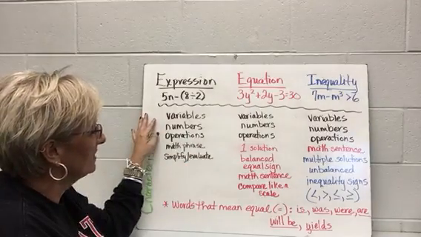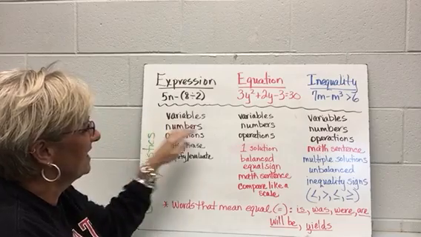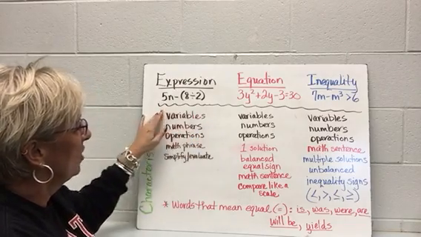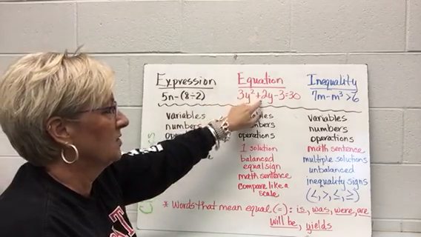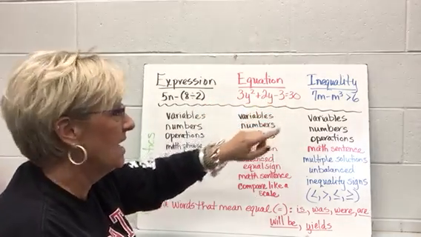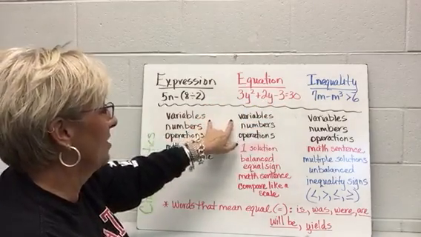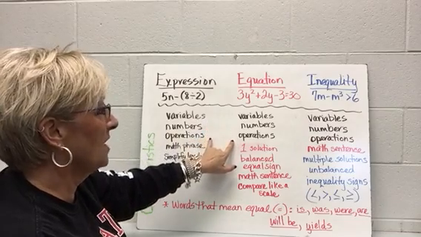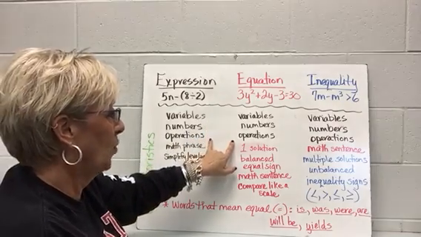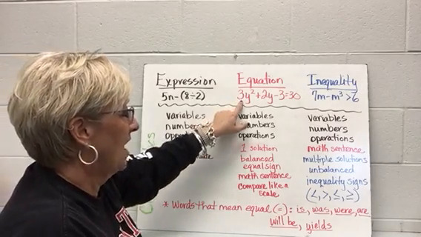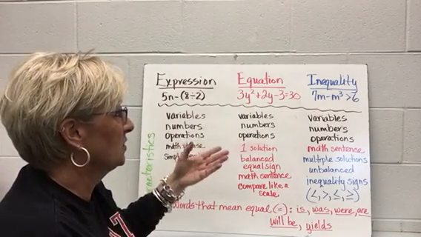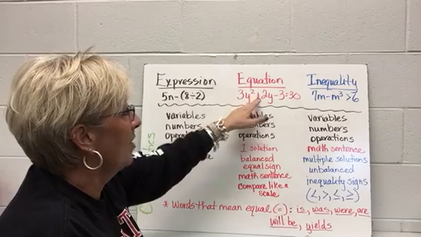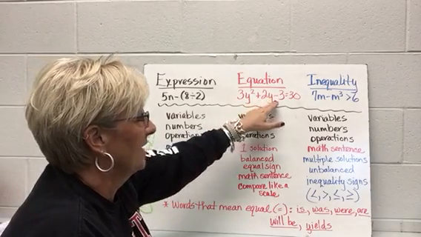Now, what I have done on this board is I have written everything that they have in common with the brown. For example, with the equation 3y squared plus 2y minus 3 equals 30, they both have variables, numbers, and operation signs in common. The variables are y's in this case, the numbers are 3, 2, 3, and 30, and they've got operation signs here of plus and a minus.